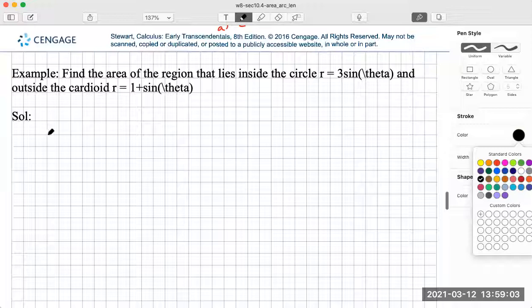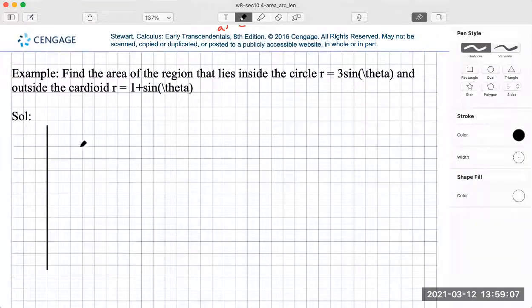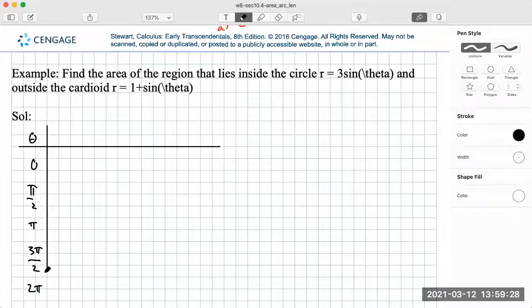Yes, graph it, right? We graph it. It means that we pick some special angle theta, and let us pick from 0 to 2 pi: 0, pi over 2, pi, 3 pi over 2, and 2 pi.